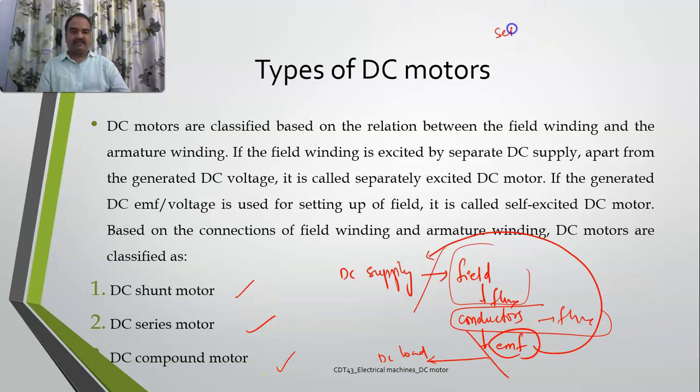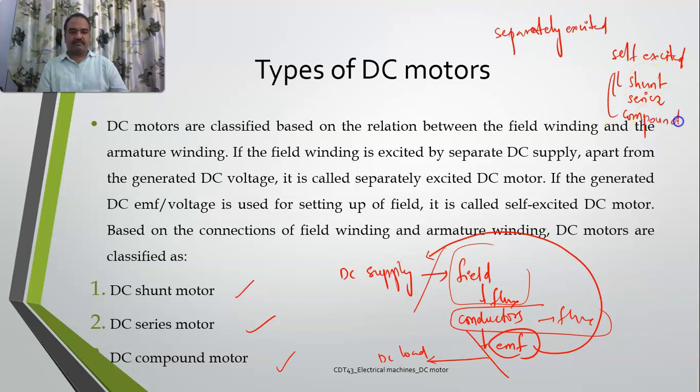The first classification is separately excited and self-excited. In self-excited, you'll be having again three types. One is a shunt, the other one is a series, the other one is a compound. So this is the simple representation of a field winding. I'll show you.